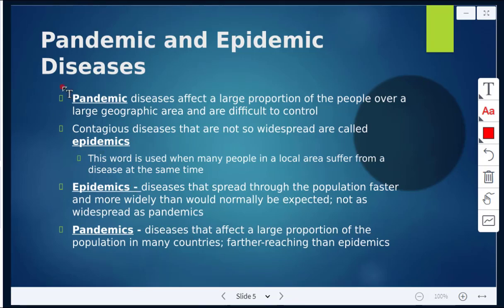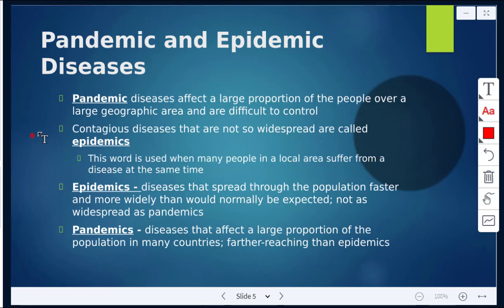All right, so again, pandemics are diseases that affect a large proportion of the people over a large geographic area, and they're difficult to control. So they're farther reaching than epidemics. Epidemics are diseases that spread through the population faster and more widely than would normally be expected, but they are not as widespread as pandemics.